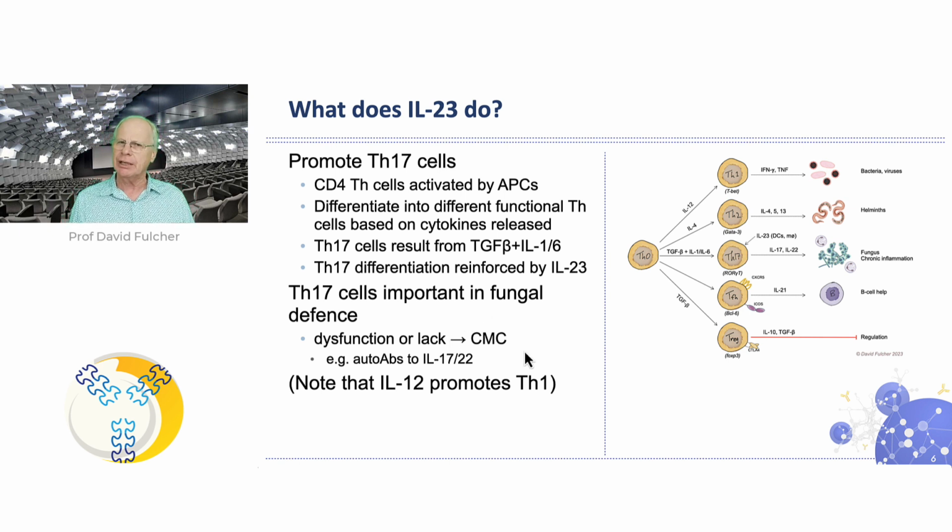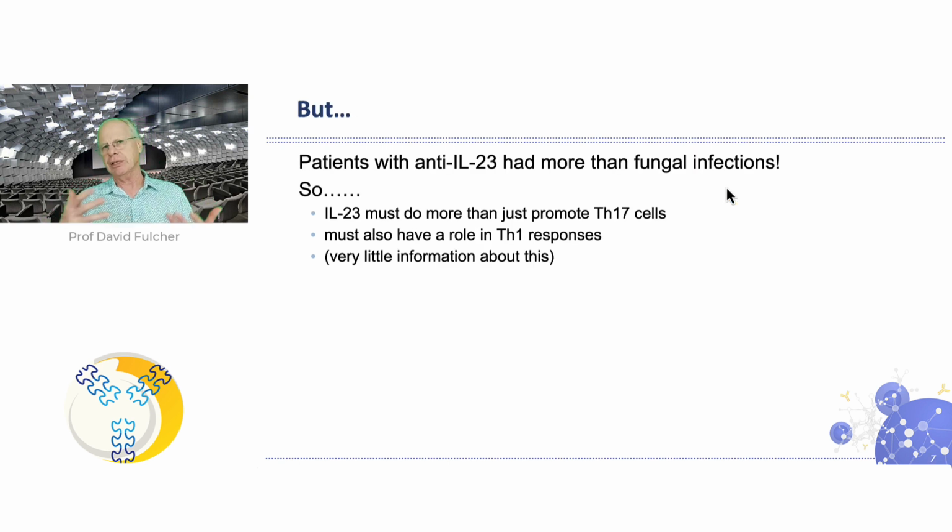But clearly these patients are getting a lot more than that, and this suggests that there is some Th1 inhibition going on, so maybe interleukin-23 is doing a little bit more than we have assumed. Maybe it's also important in the activation of Th1 cells. Well, this is getting into too much detail, so I don't want you to get bogged down with that, but it's a very interesting concept, and this is fairly new in biology.